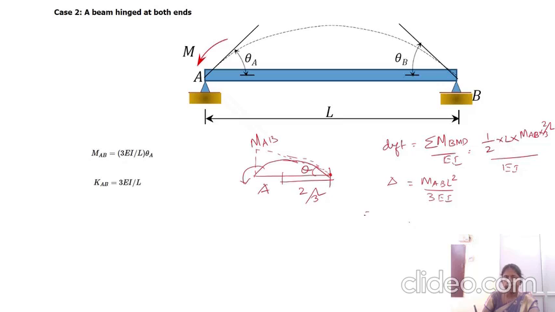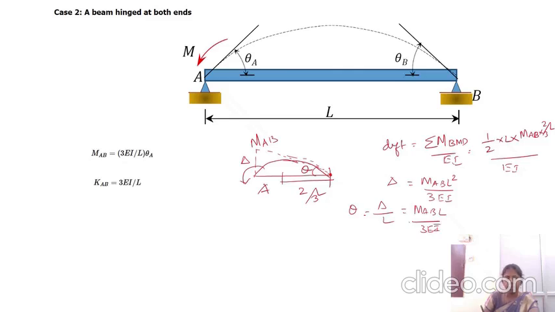If you see this triangle, theta equal to delta by L. So MAB L by 3EI.